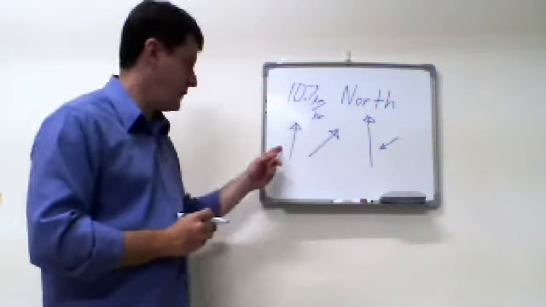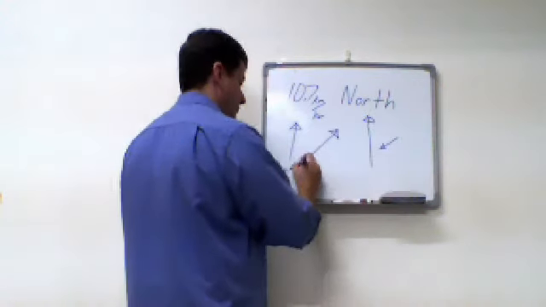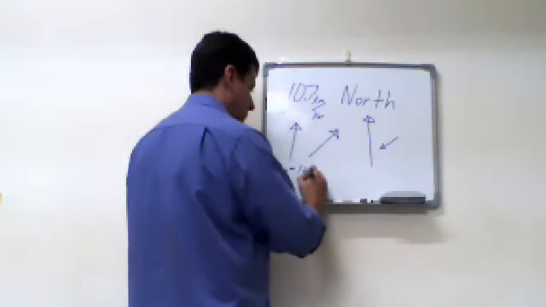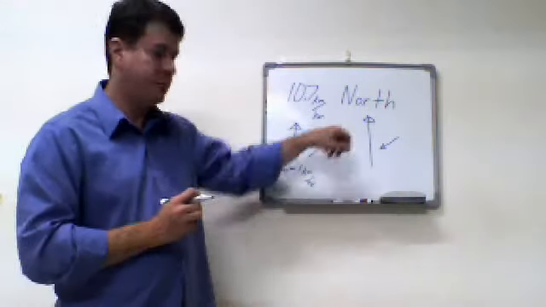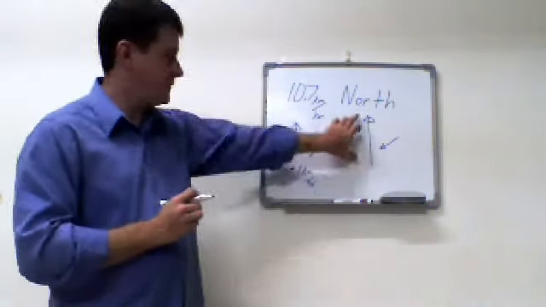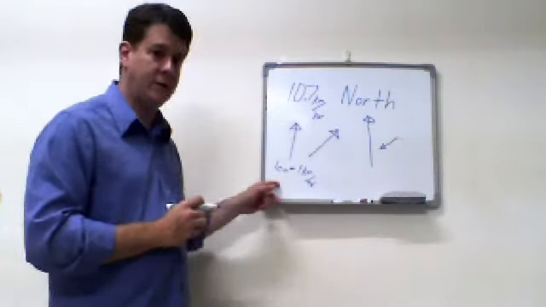For instance, this vector might be 1 centimeter is equal to 1 kilometer per hour. If we want to represent this vector, this one seems to be pointing true north, and if it's 10.7 centimeters, that would represent our vector using this scale.